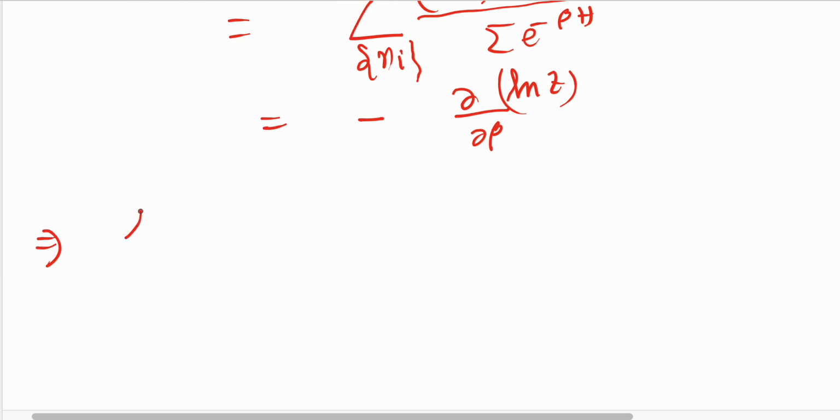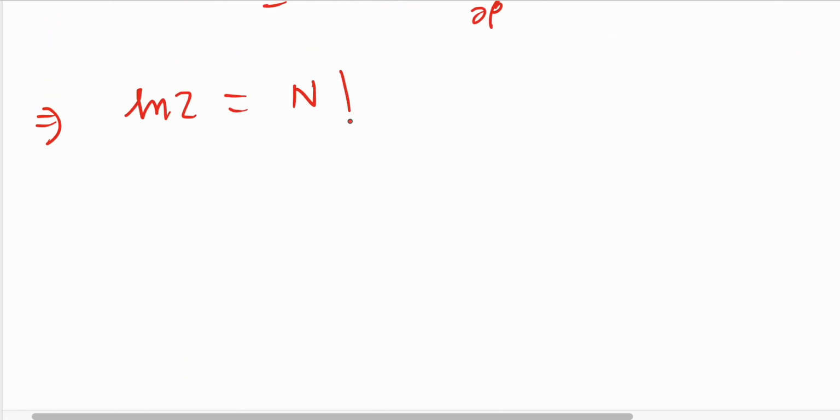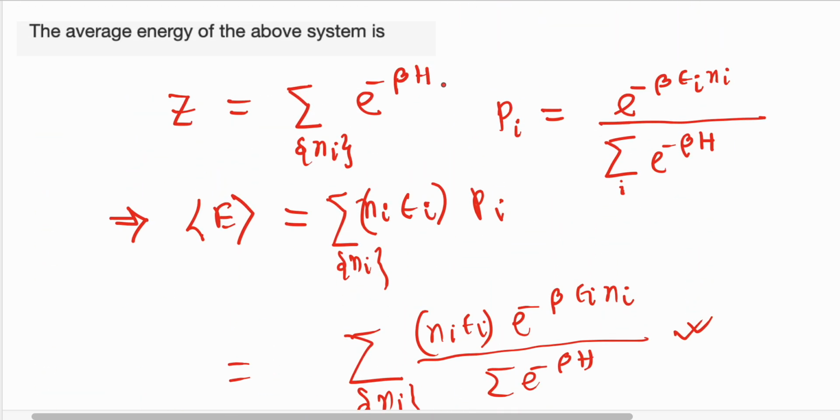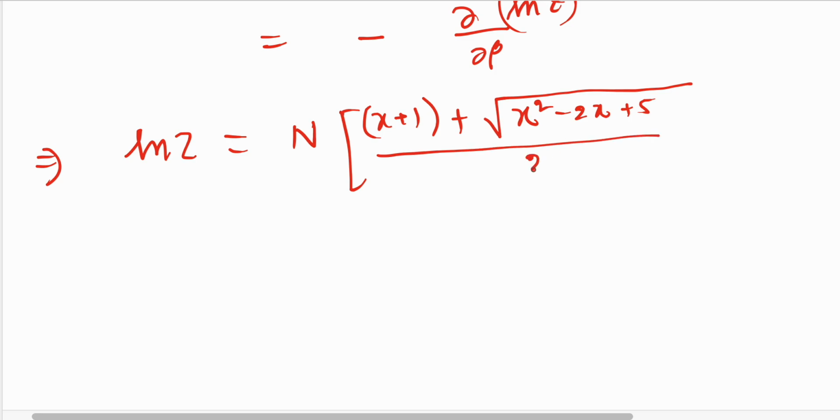So ln z will become here ln of x plus 1 plus root over of x square minus 2x plus 5, by 2.